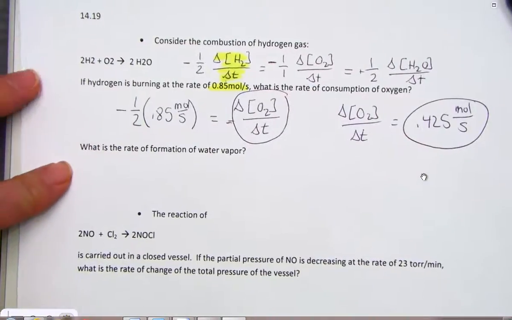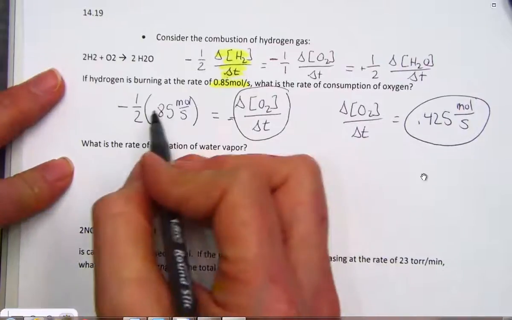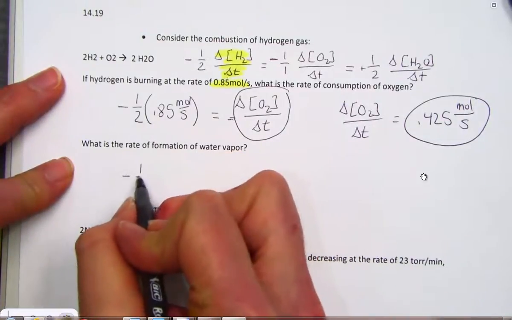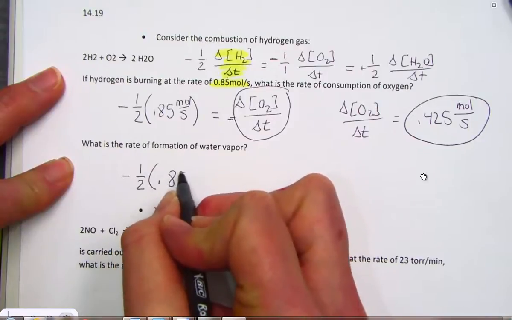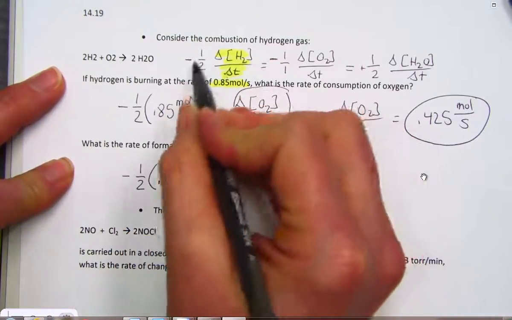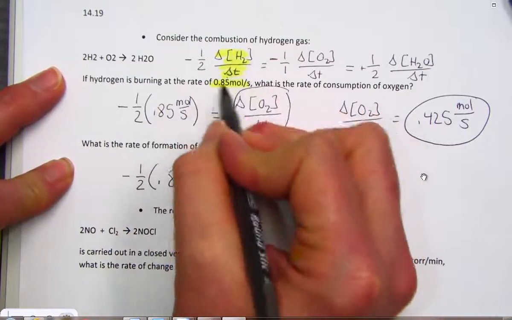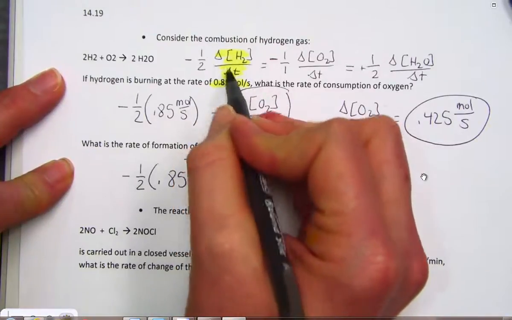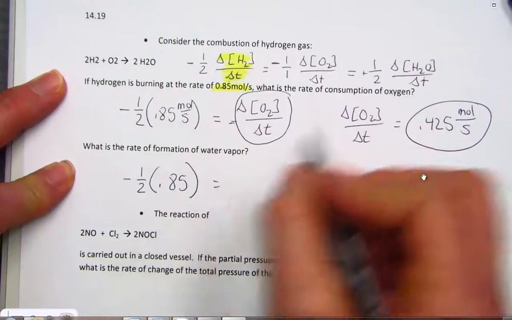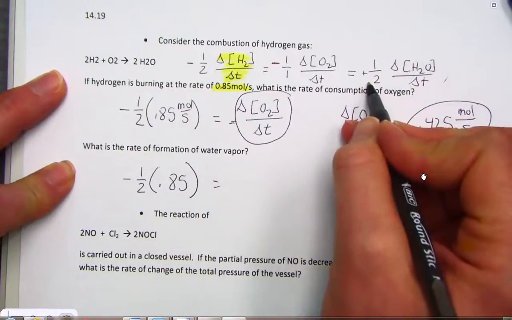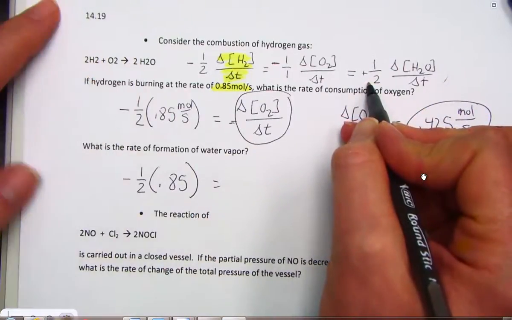What's the rate of formation of water? Well, here's what we know. The rate of the consumption of hydrogen, 0.85, representing this value right here. But now we want to compare it over here to the value of water. And so water, its stoichiometric ratio is equivalent. Notice a 2-to-2 ratio.